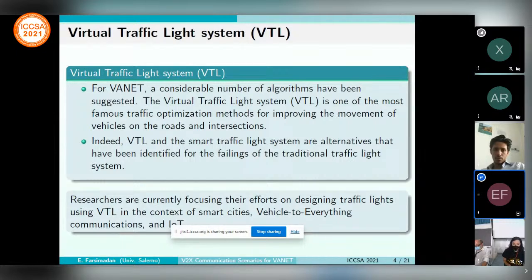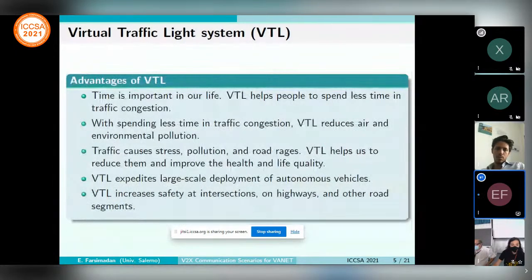Many researchers are focusing on designing traffic lights using VTL in the context of smart cities, vehicle-to-everything communications, and IoT. So there is a lot of work that we can study in this field.